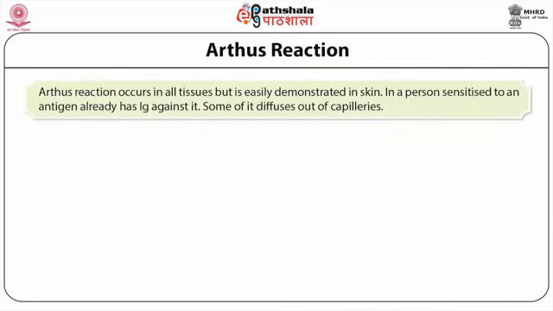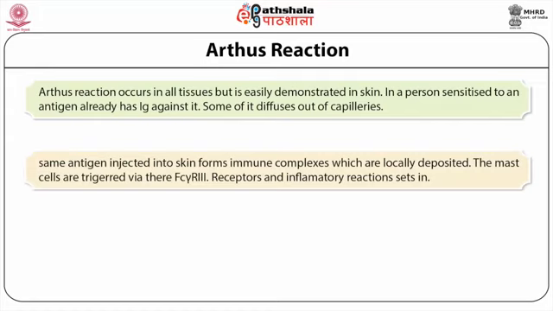The Arthus reaction occurs in all tissues but is easily demonstrated in skin. In a person sensitized to an antigen who already has Ig against it, some of it diffuses out of the capillaries. The same antigen injected into skin forms immune complexes which are locally deposited.